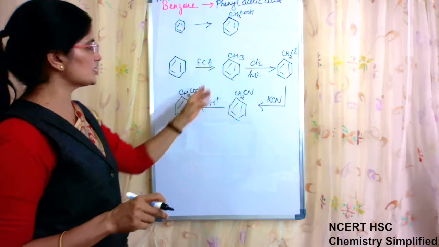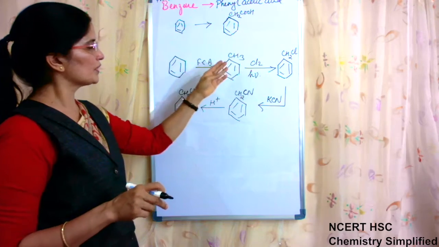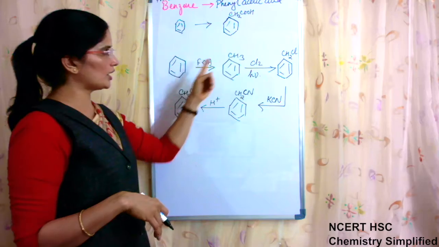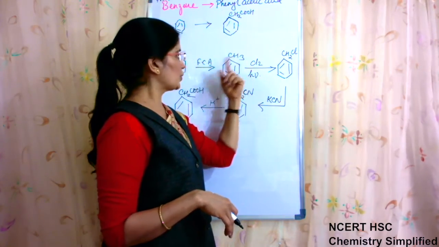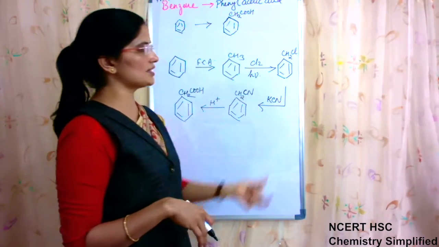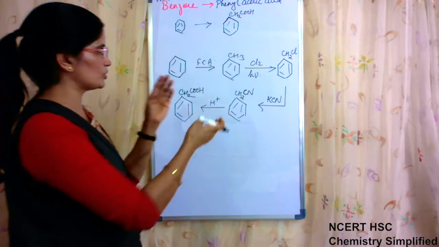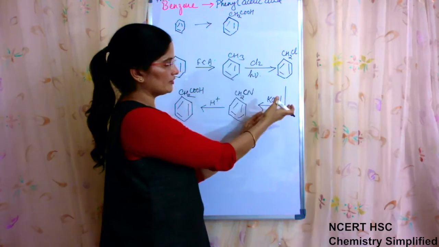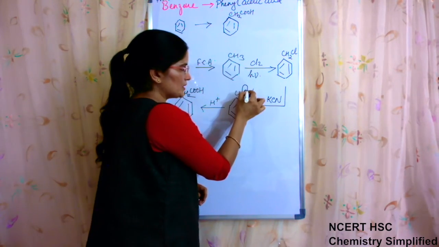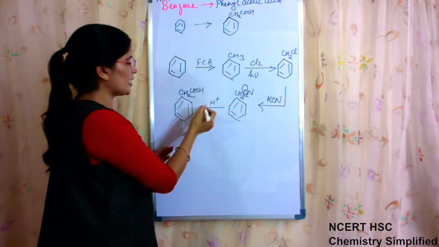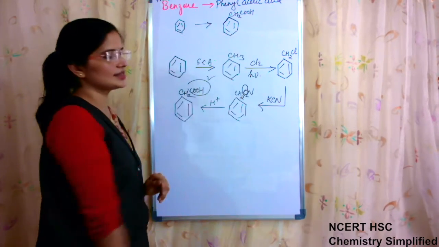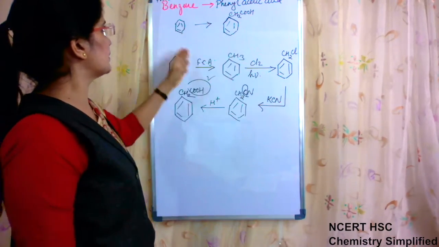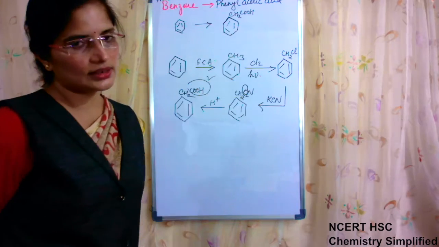But if we introduce an ethyl group, then we don't have a process to convert the ethyl group into an acid group. For that, a cyanide or something is needed, and cyanide cannot be introduced directly. That is why we use methyl, then convert it into a halogen derivative. Halogen can be converted into cyanide. This cyanide provides one extra C, and on hydrolysis it can be converted into acids. That is why these are the steps to convert benzene into phenyl acetic acid.